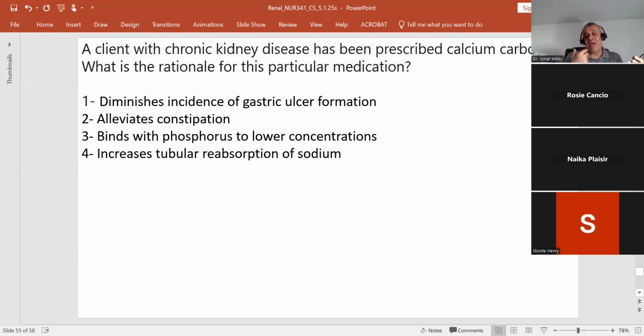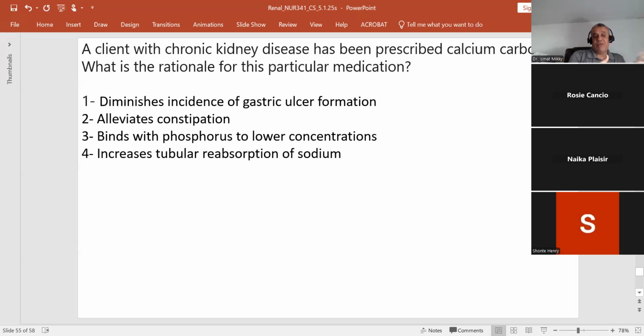We'll take care of the phosphorus because calcium will bind with the phosphate and lower it, forming a combination of phosphate and calcium. So we can increase calcium and lower the phosphorus by prescribing calcium carbonate, and most of the time it's calcium carbonate and also vitamin D.